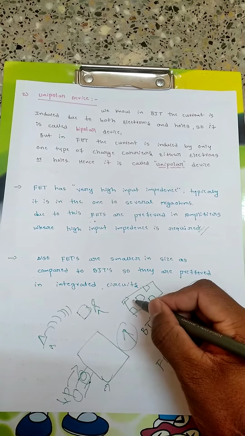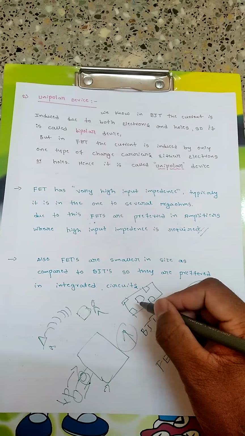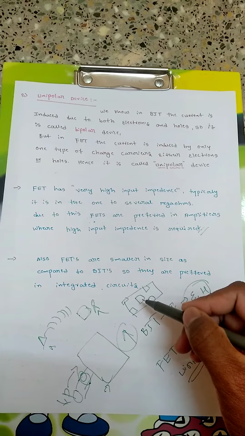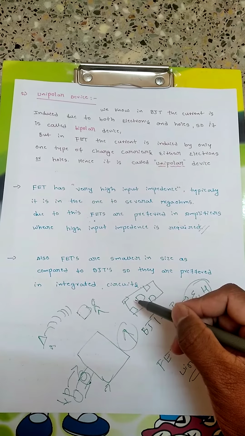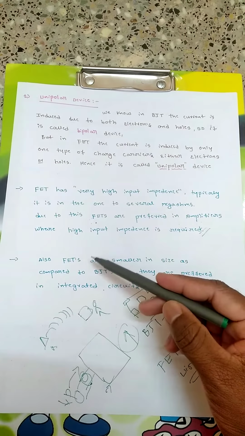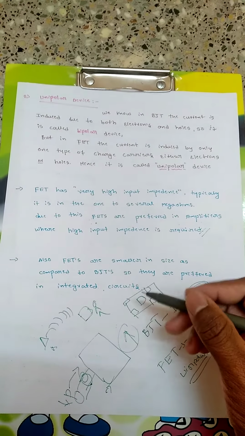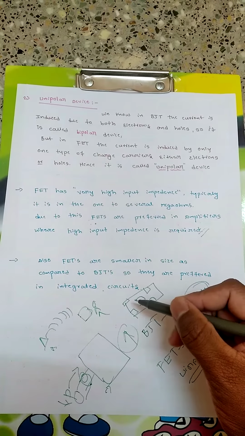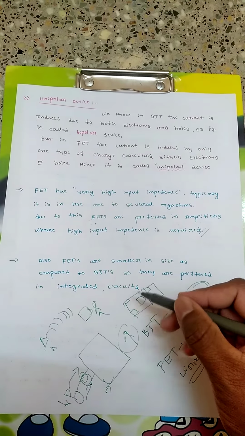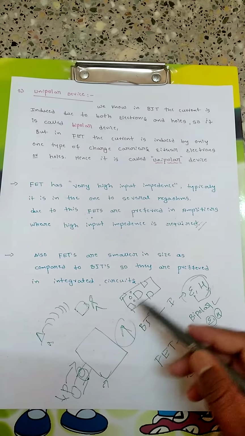If we just want to perform the task of amplification, the amplification work done by a BJT can also be done with the help of FETs. So why can't we use FETs instead of BJTs, so that the space consumed by those components will be less. So FETs can be fitted in small areas, that's why they are used in integrated circuits.